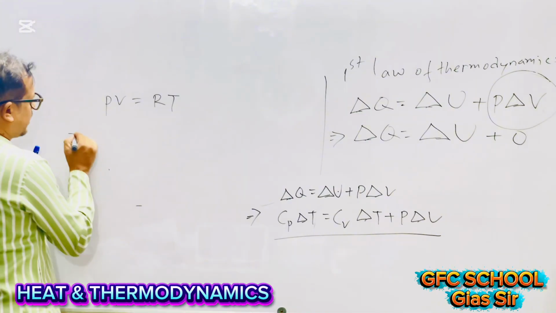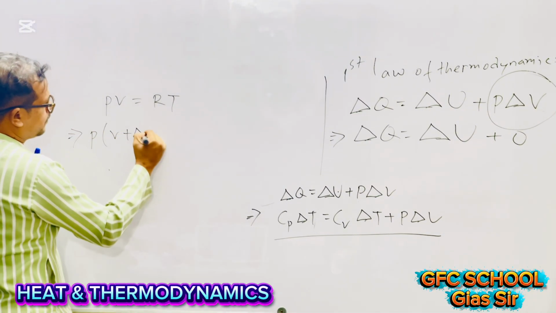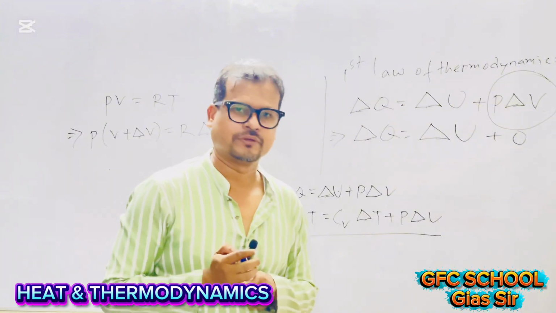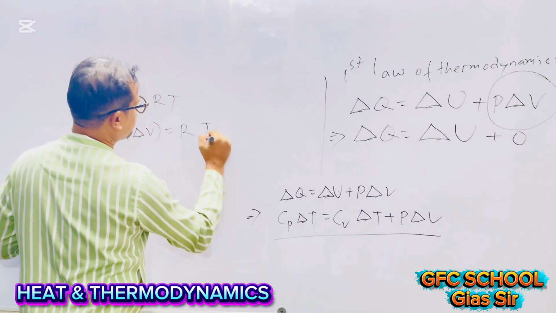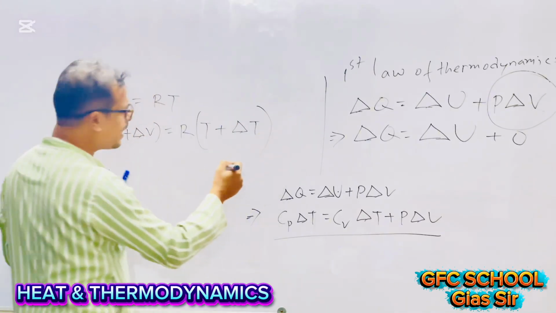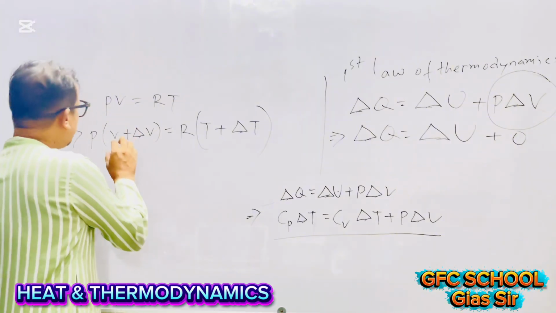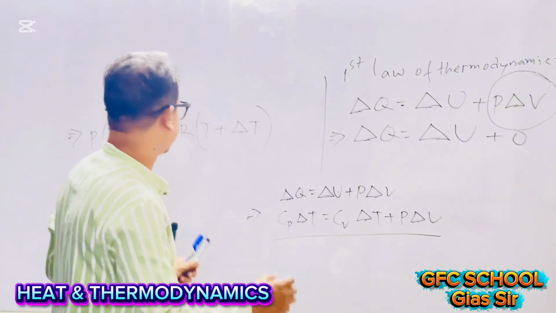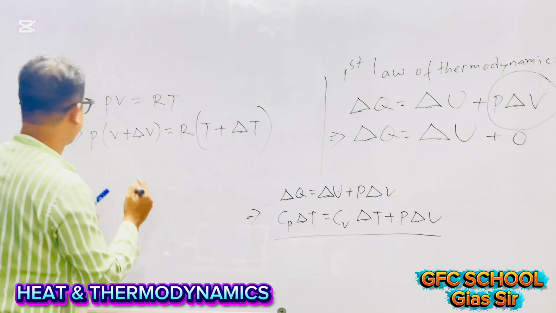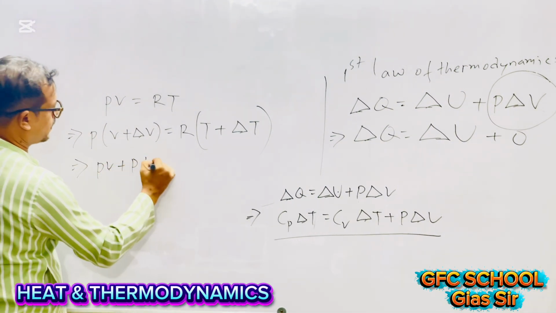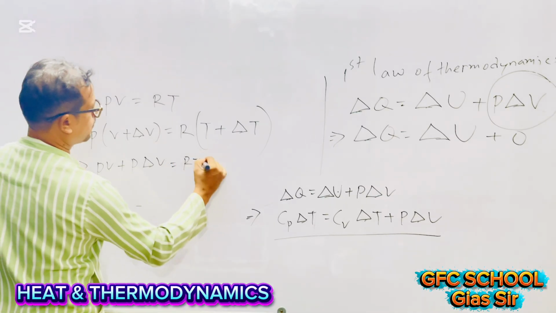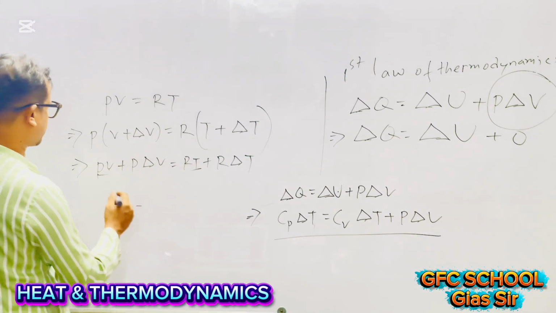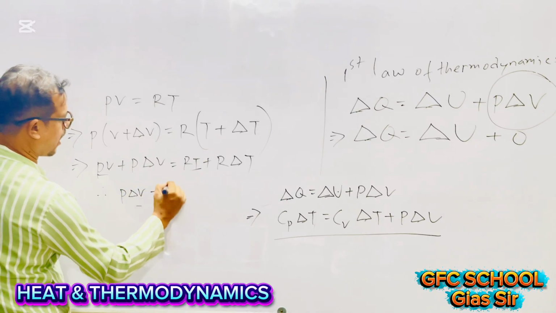First we had volume V and temperature T. When we provided heat, temperature and volume changed. So we could write P(V plus del V) equal to R(T plus del T), that is, PV plus P del V equal to RT plus R del T. PV and RT are equal, so we could say P del V equal to R del T.